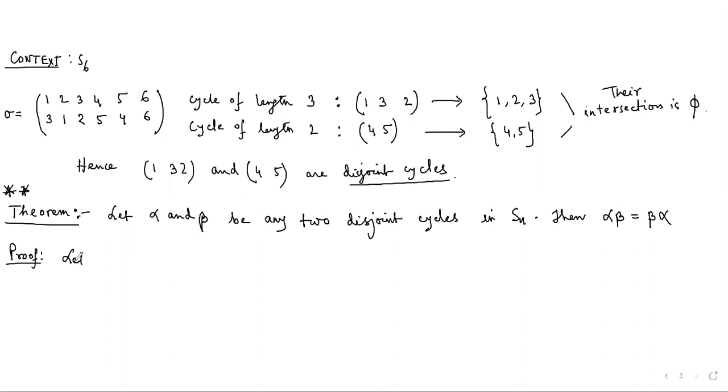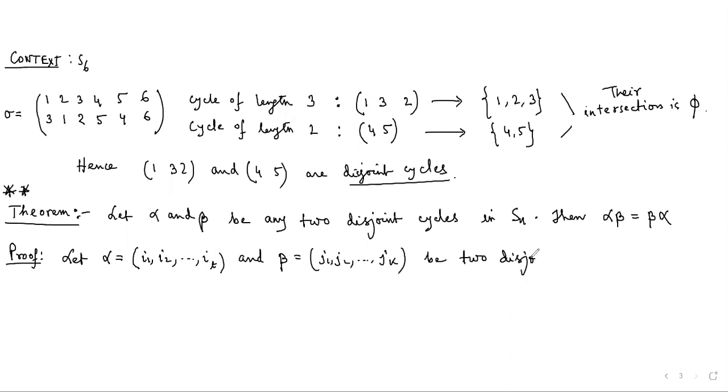So you just write it quickly because the time is running out for the first session. Let alpha be the cycle defined as (I1, I2, ..., IT), and beta be the cycle defined as (J1, J2, ..., Jk), and suppose they are disjoint.